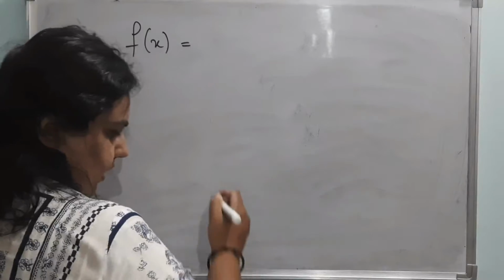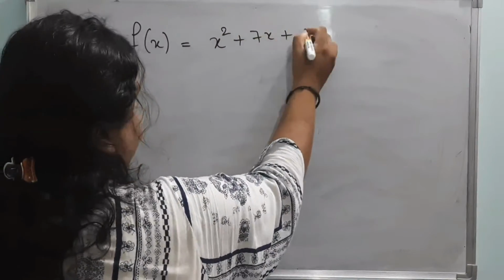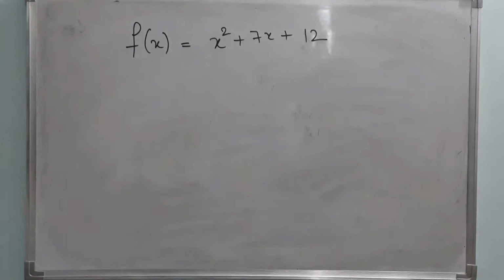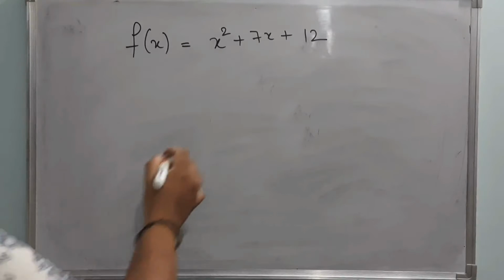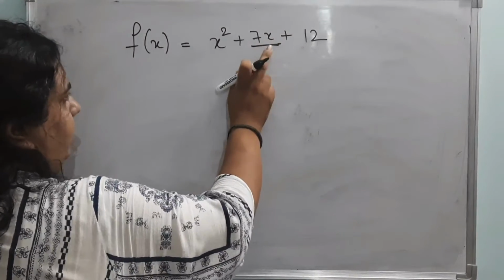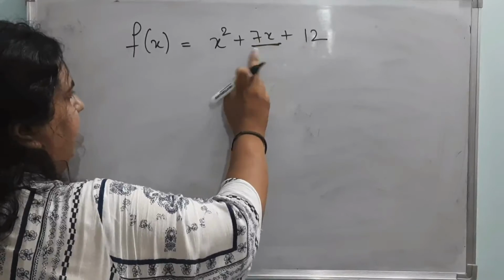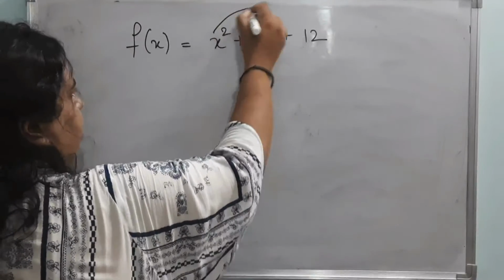Suppose we have a quadratic equation x square plus 7x plus 12. How to find the zeros of this? You know how to solve the quadratic equation, so we should do the middle term split. We have to split this term so that when we multiply these two numbers, we get this.